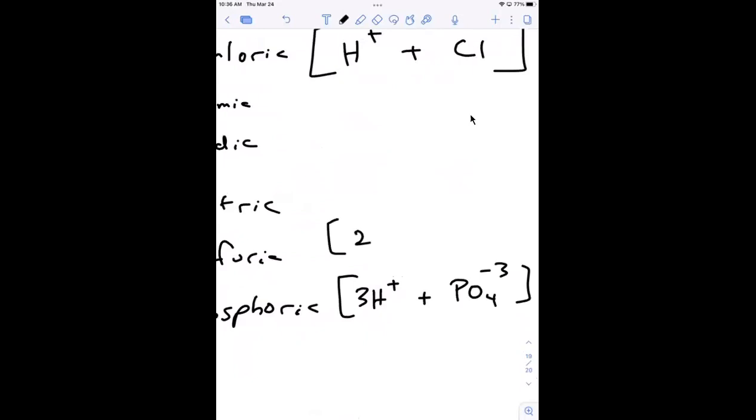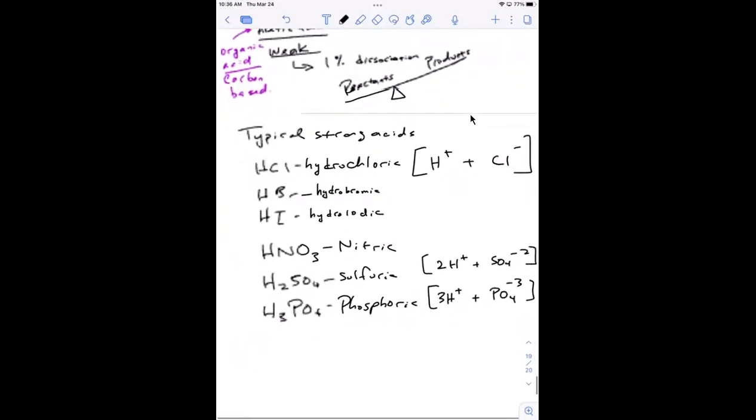Sulfuric acid would be 2H plus, SO4 minus 2. So when any of these acids ionize in water, you get the ions associated with them.